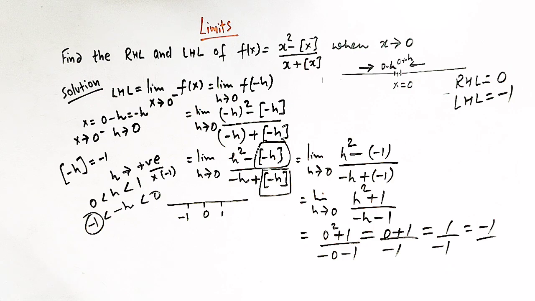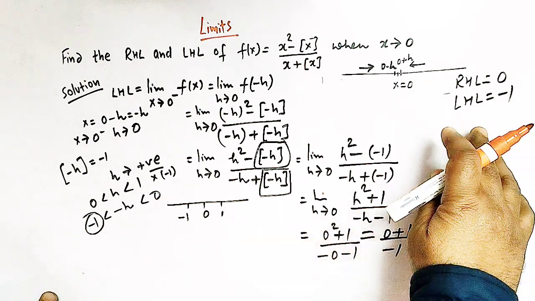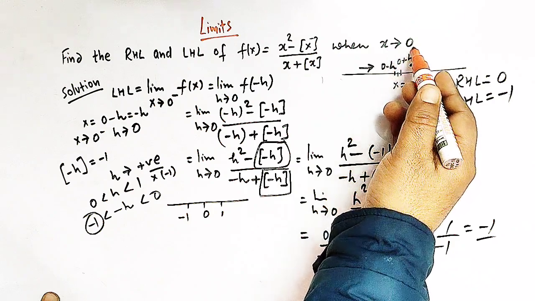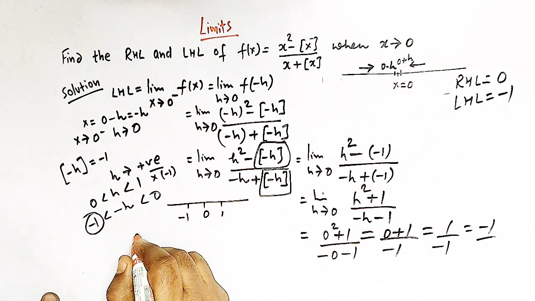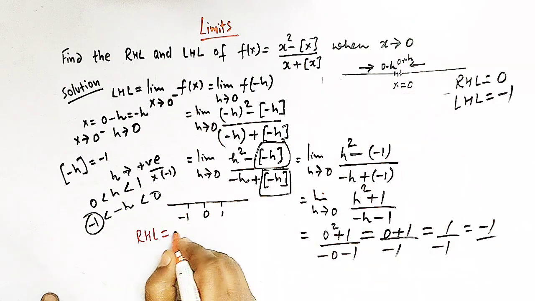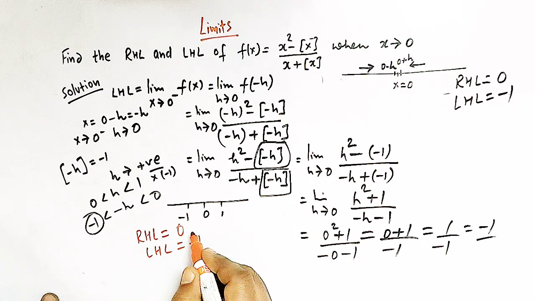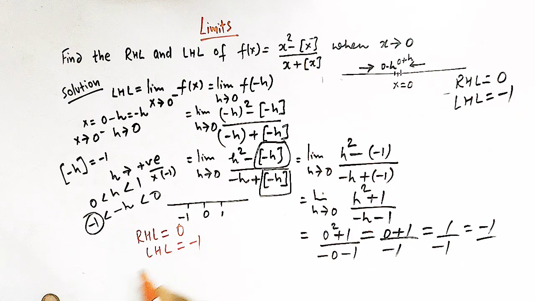So viewers, from this discussion we have arrived at the result that when x approaches to 0, the right hand limit is equal to 0 and the left hand limit is equal to minus 1. And for the existence of the limit of a function at a given point, these two limits should be equal to each other, right?